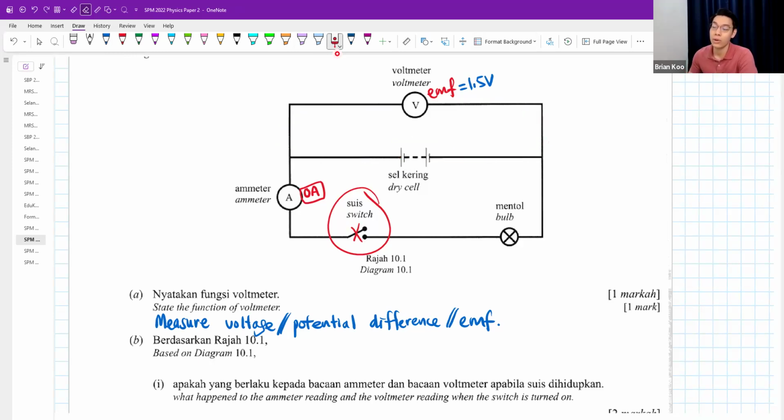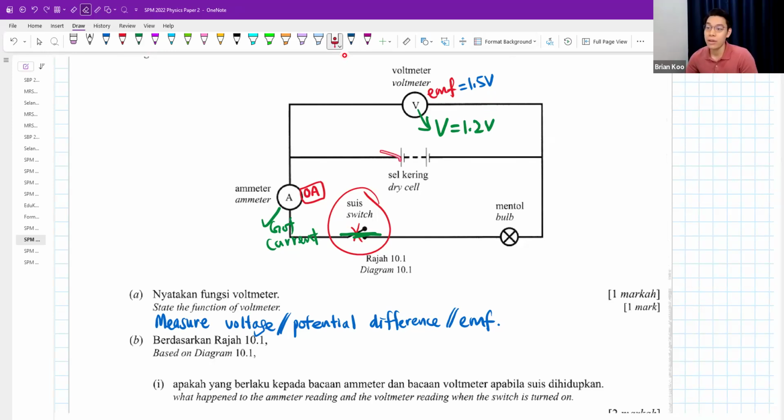But the moment you connect the switch, the ammeter is going to give you a reading. Got current now. The moment there is current, the voltmeter is also going to give you a value called potential difference. The value will drop, maybe to 1.2 volts. Again, all these values are just examples to help you imagine. You might be thinking, teacher, where did the voltage go?